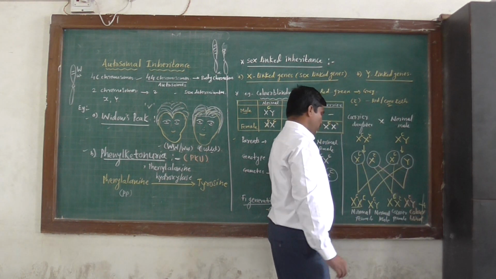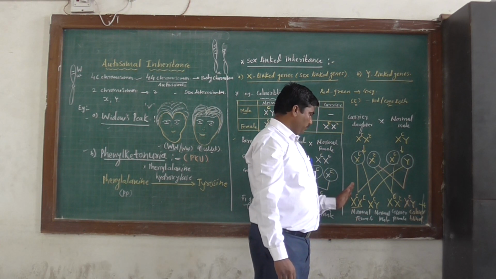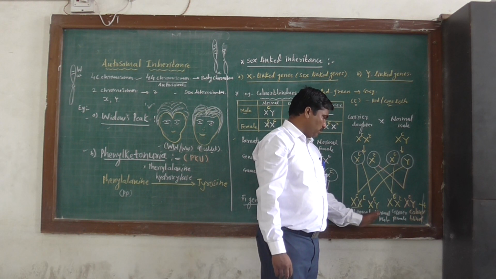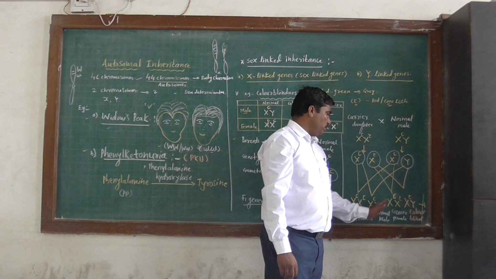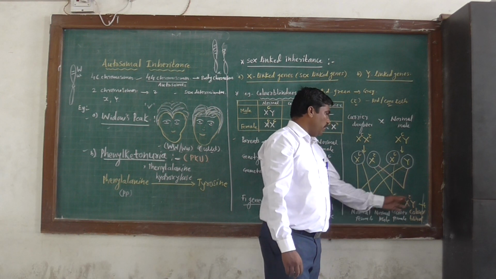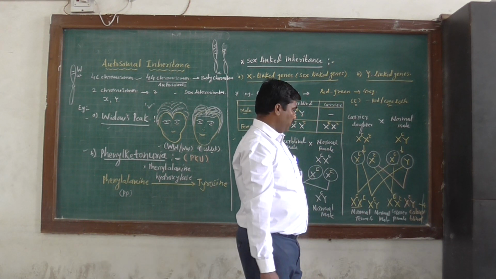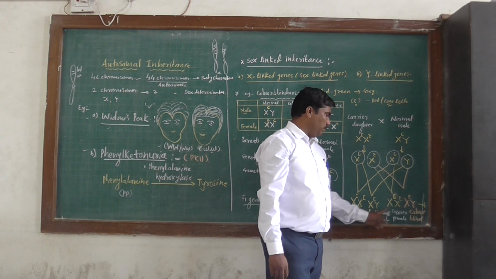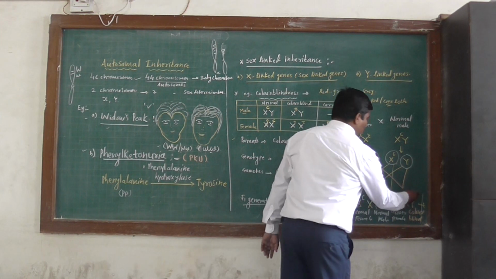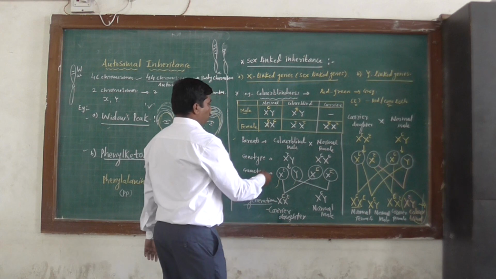So 25% are carrier females, 25% are normal males, 25% are carrier females, and 25% are colorblind males. So normal female, normal male, carrier female, and colorblind male are formed. So the character is transferred from the father.